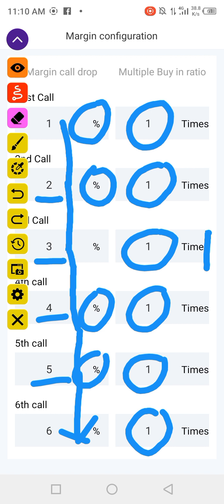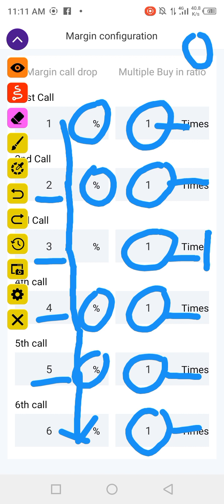The six positions will be set. So let's check. Then $10 initial purchase plus 10, 20 plus 10, 30 plus 10, 40 plus 10, 50 plus 10, 60 plus 10, 70.